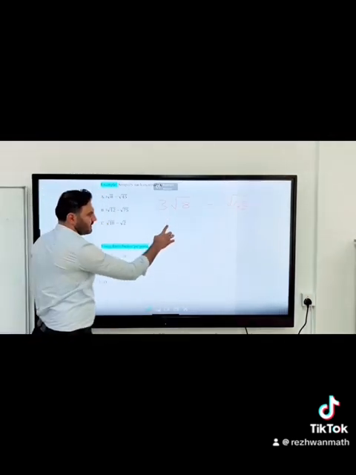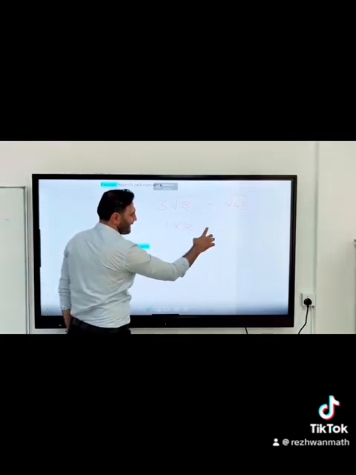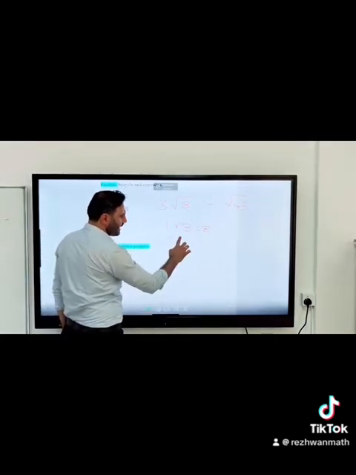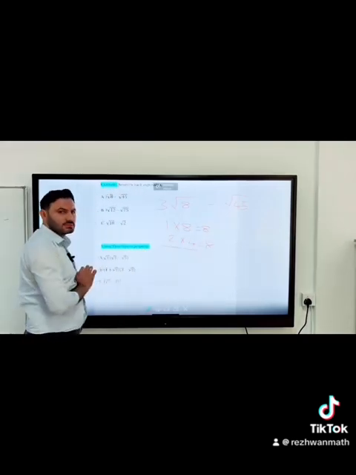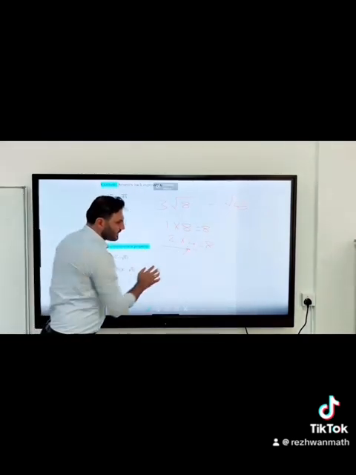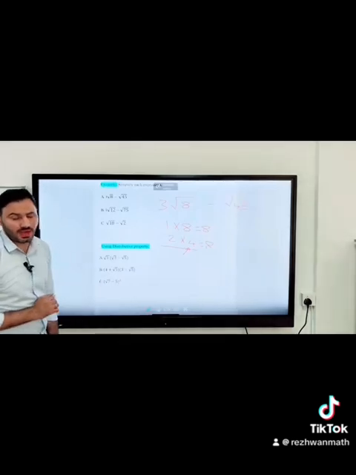The factors of 8 are 1 times 8, and 2 times 4. Because 4 is a perfect square, you have to choose 2 times 4.